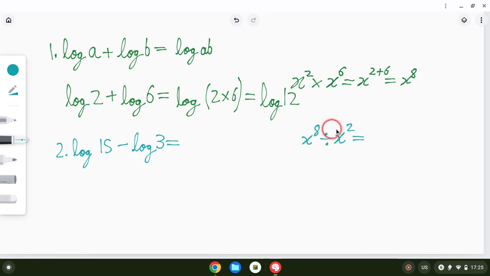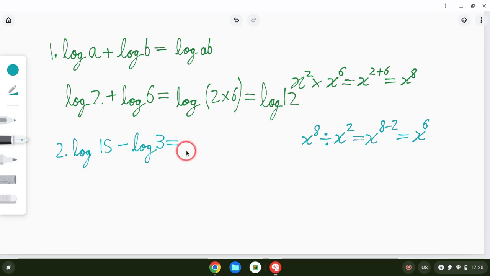But for the exponents, they have to be subtracting. Just like for multiplication, these two will add. For division, these two will subtract. So this will become x to the power 8 minus 2, which is equal to x to the power 6. Now, using this kind of terminology, pause this video and try to figure out what this answer will be.